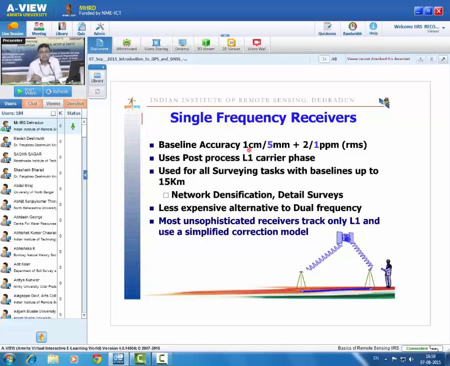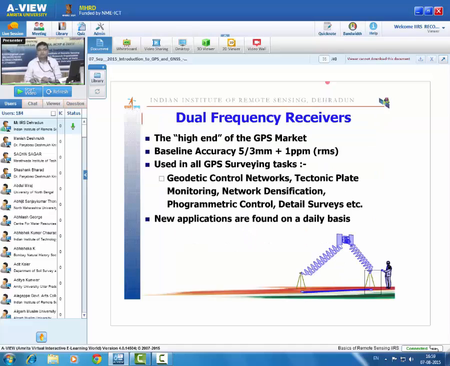Single frequency receivers only receive L1 signals, so L2 is not accessible to these. The limitation is that we can survey only study areas within about 15 kilometers. If we have larger study areas, it will be difficult to use single frequency receivers. They will give less accuracy.